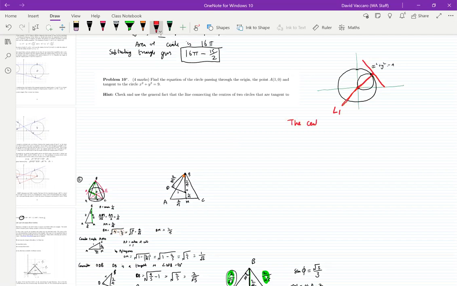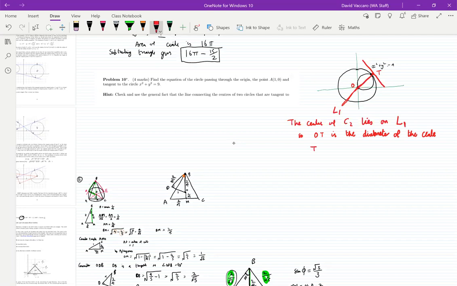So the center of C2 lies on L1. But that's important, because then that tells me that the origin and the point of contact, OT, is the diameter of the circle.